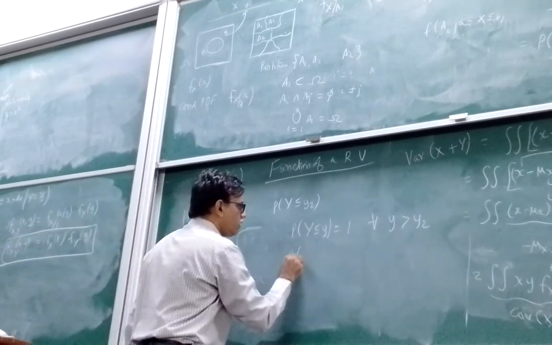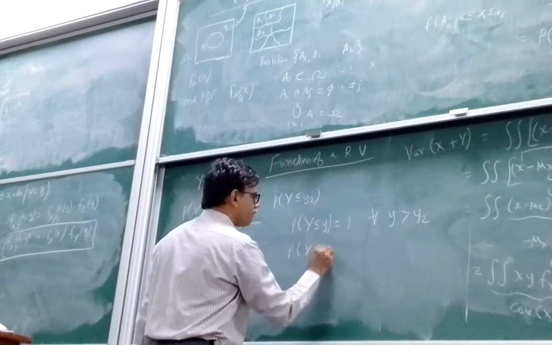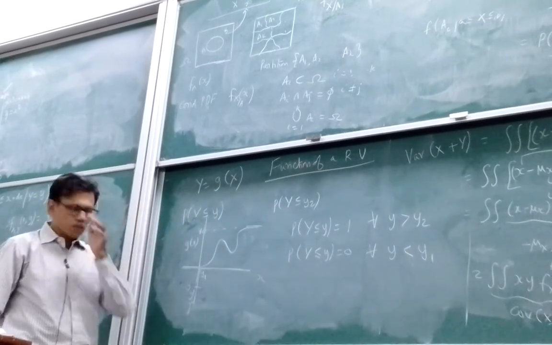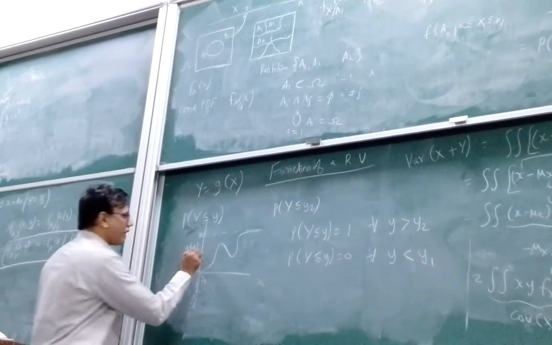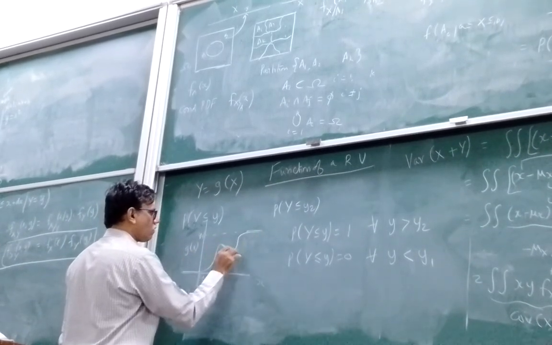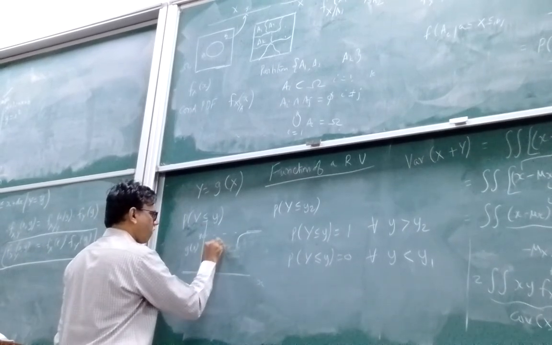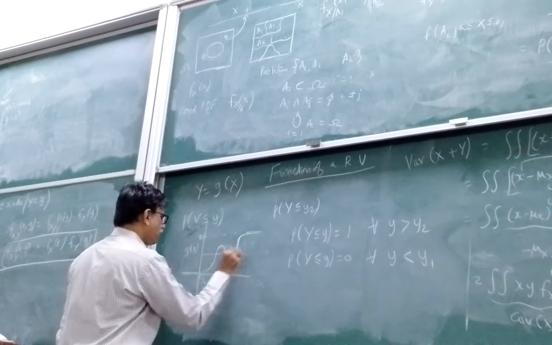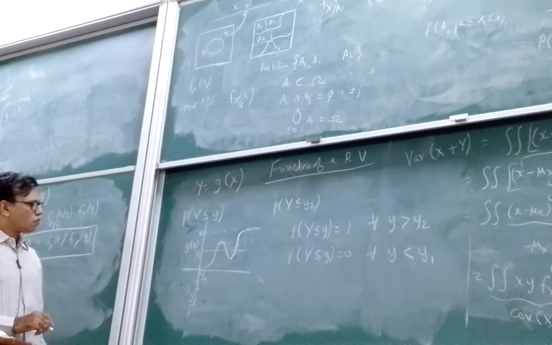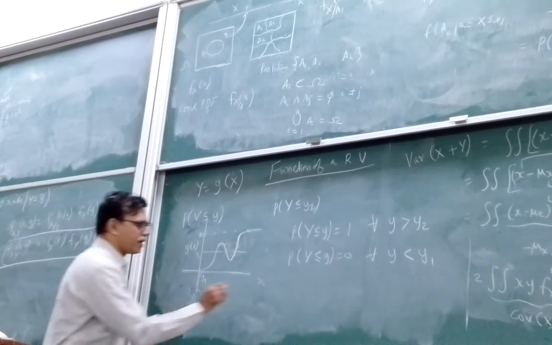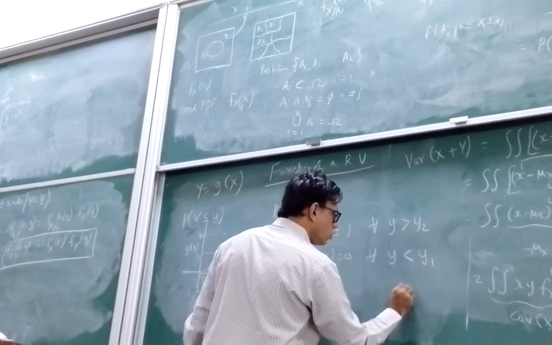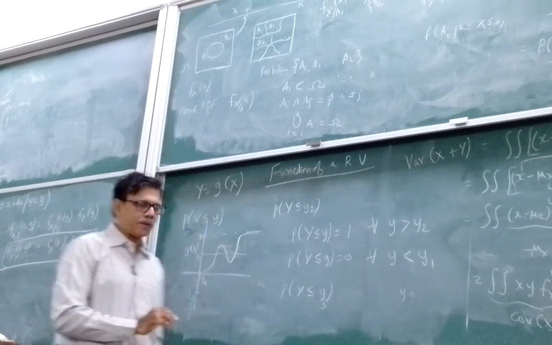So this is how we have to find it. Suppose I take a value of y here, y3. What is the probability that y will take a value less than or equal to y3?